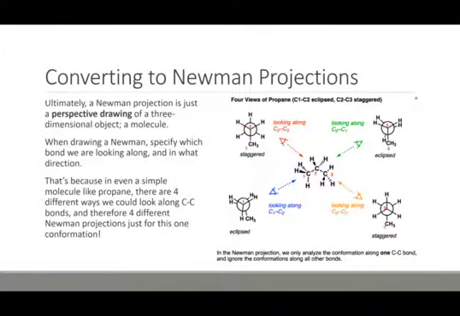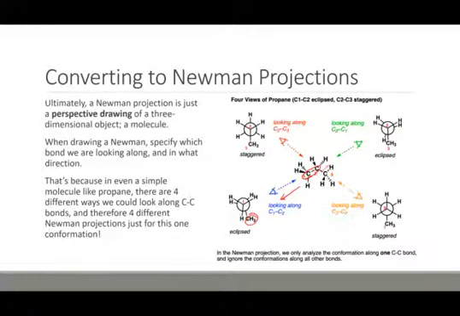So you can see here, if we look down the carbon-carbon bond here, 1, 2, that would be this molecule here. Notice the front has hydrogen, hydrogen, hydrogen. We look down the 1, 2 bond, and this back carbon, the CH3 methyl group, is here. Now this is in an eclipsed position in which everything is overlapping.